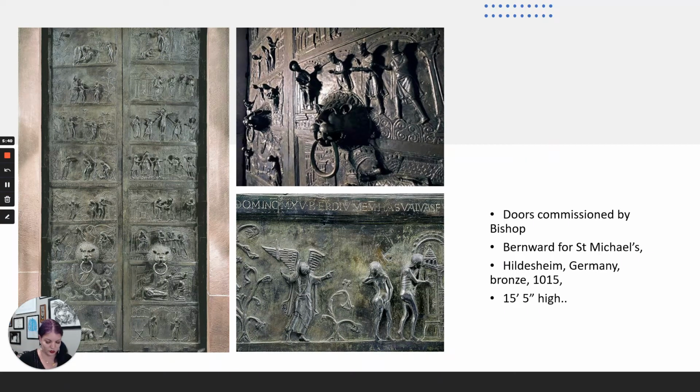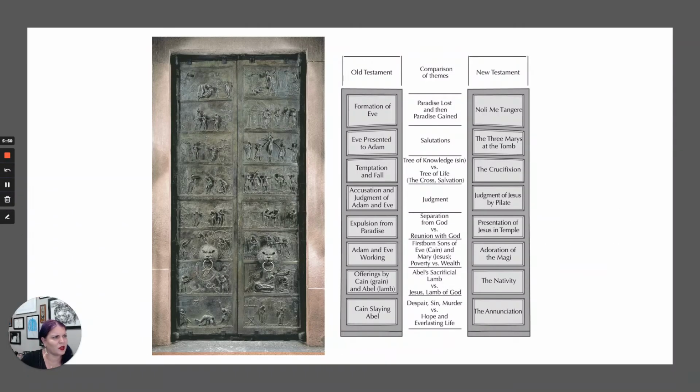The left door shows the story of Genesis, from the creation of Eve through the murder of Abel. The right door is the life of Christ. I actually think I have a slide for this. I do. It's the life of Christ, from the Annunciation, where the angel comes and tells Mary that she's going to give birth to the Son of God, all the way to Noli me tangere, the scene where Christ is resurrected and appears to Mary Magdalene and she tries to touch him to see if he's real, and he says, "Don't touch me."